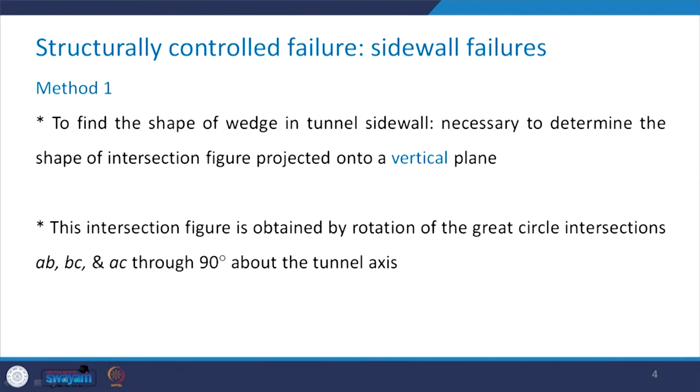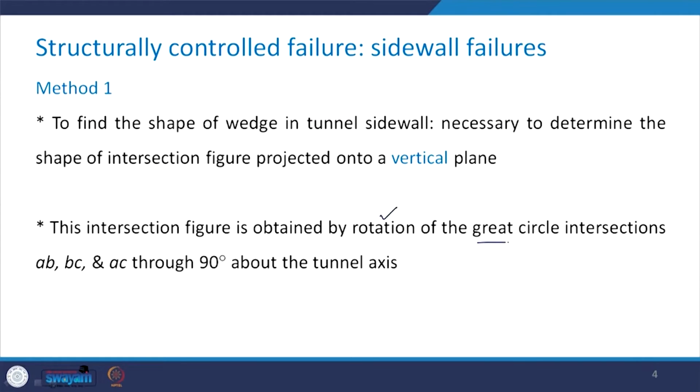And how can this be obtained? By the rotation of the great circle intersections, which are AB, BC and AC, through 90 degree about the tunnel axis, because in one case you are getting it on a horizontal plane, and to find the shape of the wedge in the tunnel side wall we need to project it on a vertical plane.